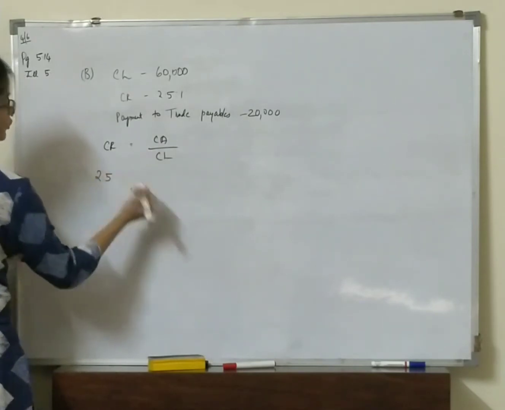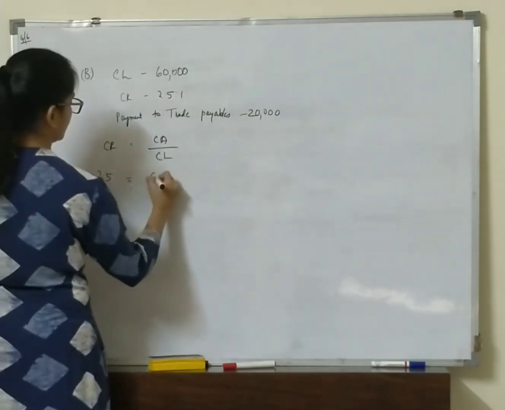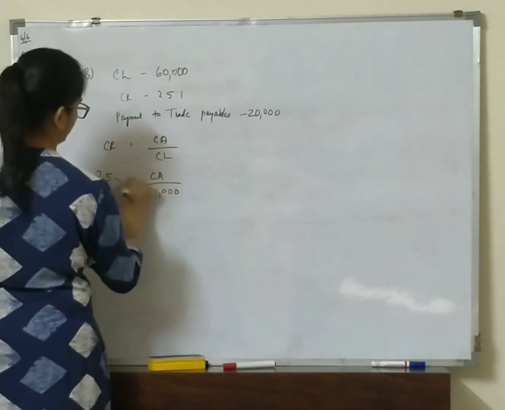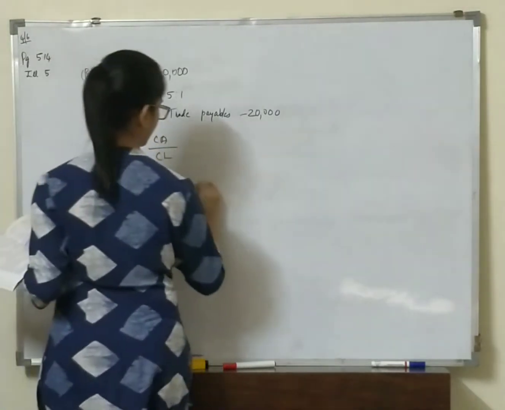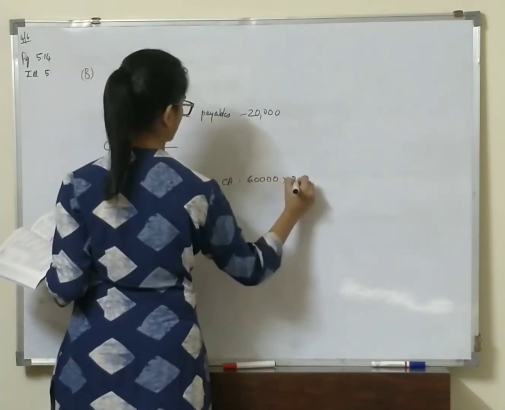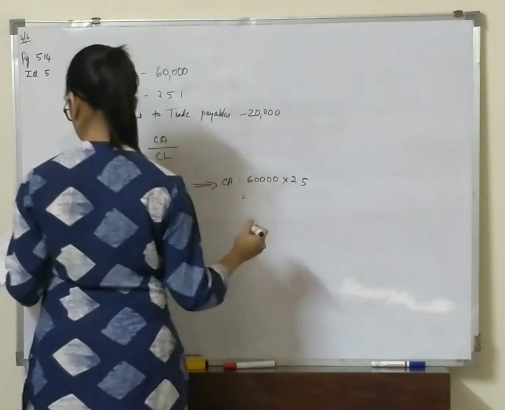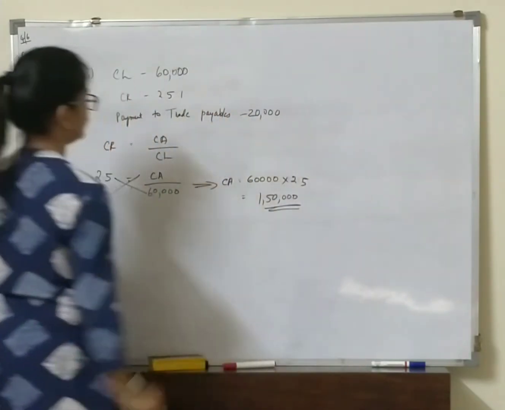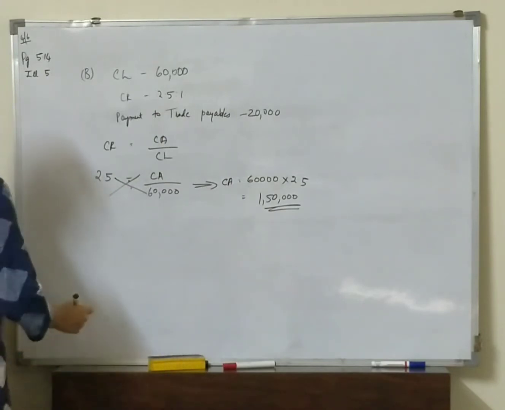We know the current ratio is 2.5. We don't know the current assets. We know current liabilities are 60,000. So cross multiply. We get current assets equal to 60,000 into 2.5, which is 1,50,000.